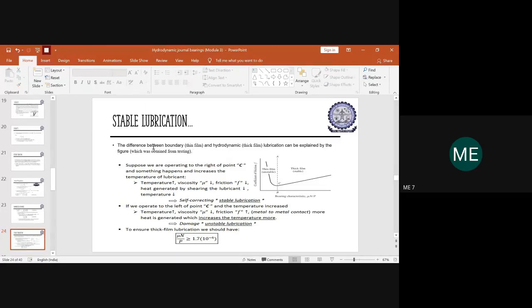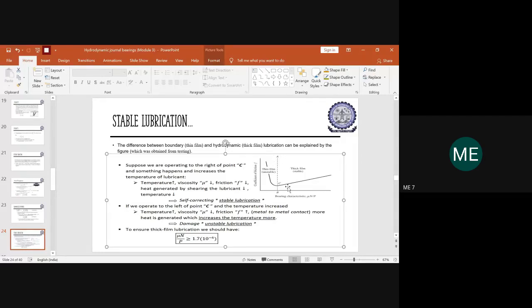Kindly observe that the difference between boundary film and hydrodynamic lubrication can be explained by the figure. Here you can see a graph: the coefficient of friction is along the y-axis and the bearing characteristics, given by the Sommerfeld number, which is basically mu n upon p, is plotted along the x-axis.